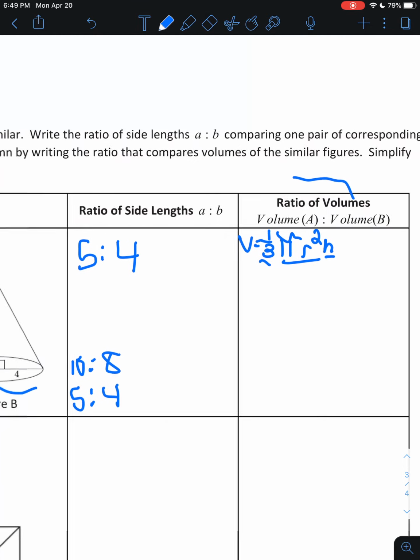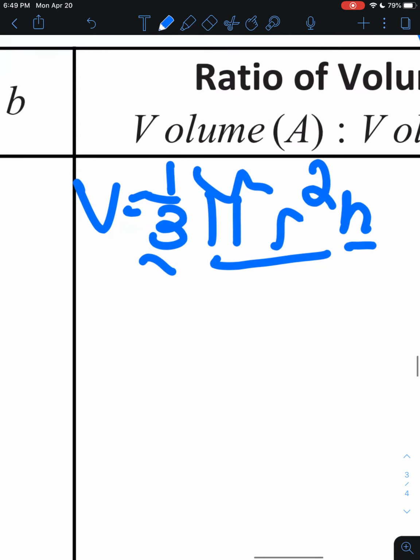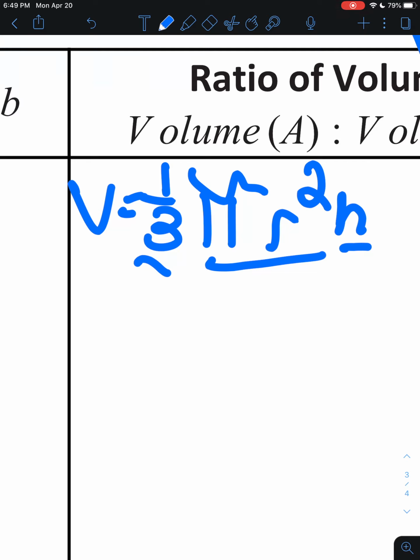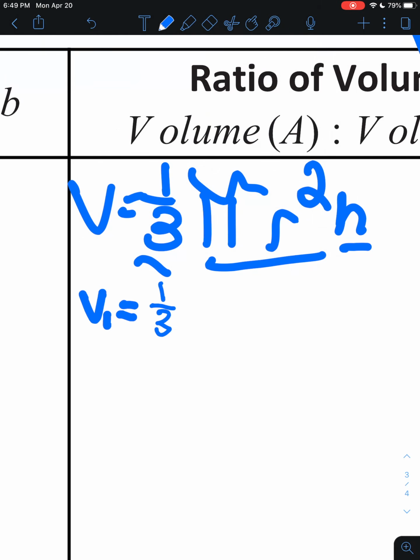So let's say we're looking at volume of, let's call this 1, and this is shape 2, so the smaller one is 2. So let's say we're looking at the volume of solid number 1 here, cone number 1. So let's say we have V1 equals 1/3 pi, and now we want radius.